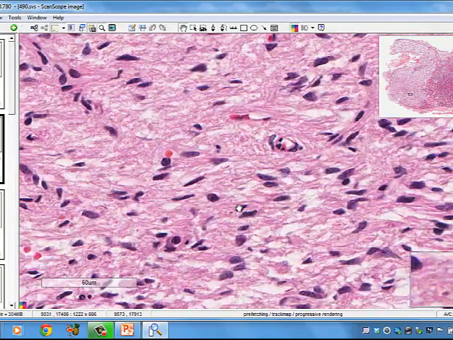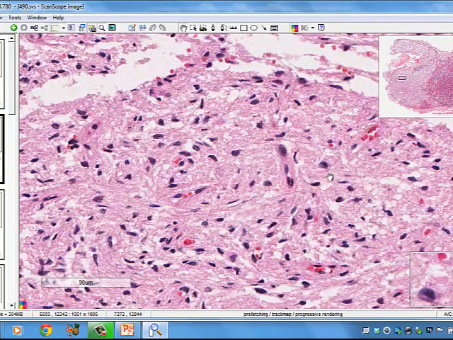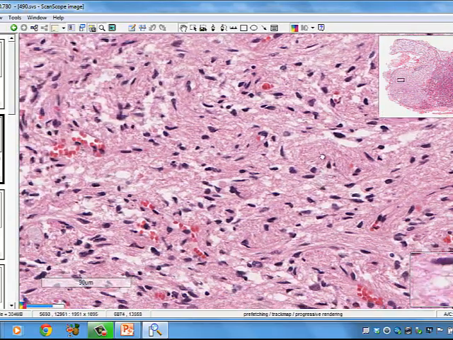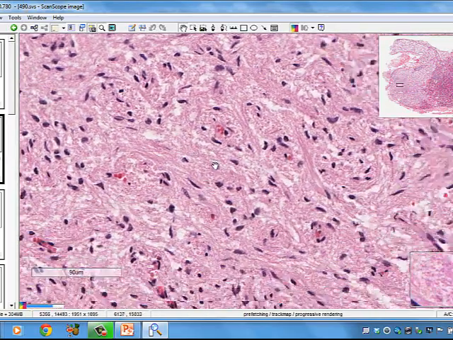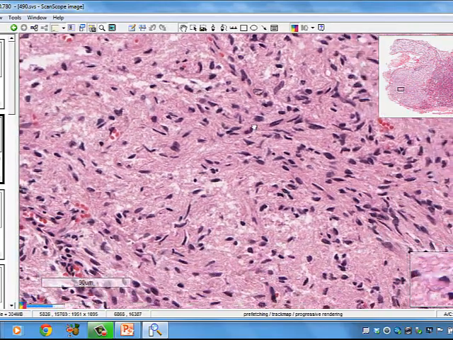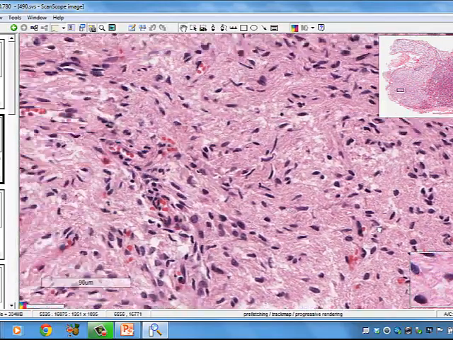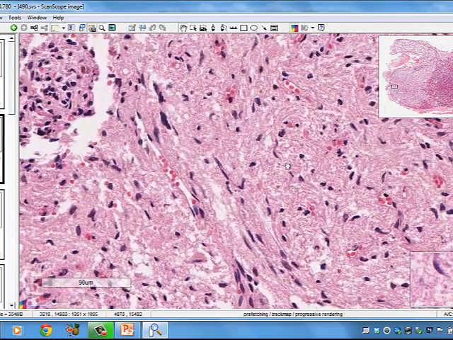I'm just not recognizing them. There have to be Herring bodies in through there. I just don't quite see them there and here. Let's see. I really can't see any Herring bodies that are located.